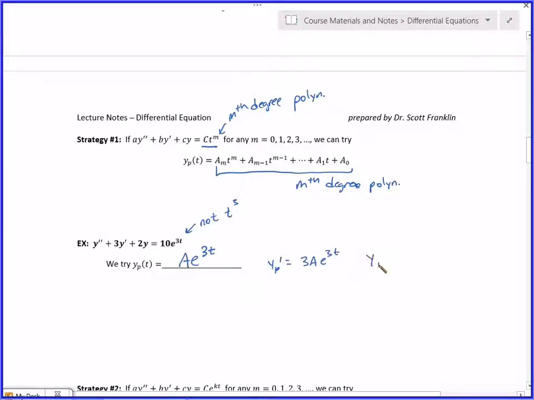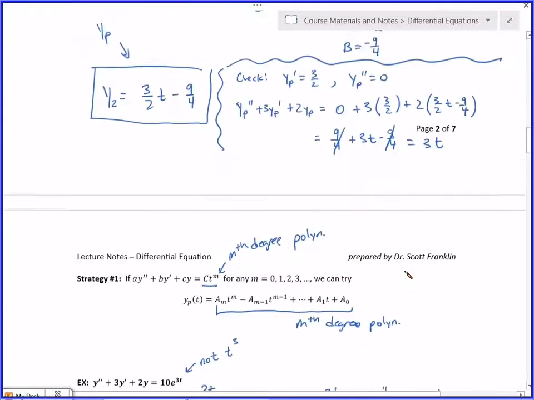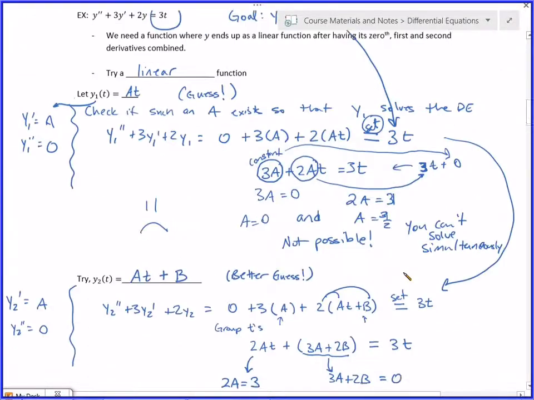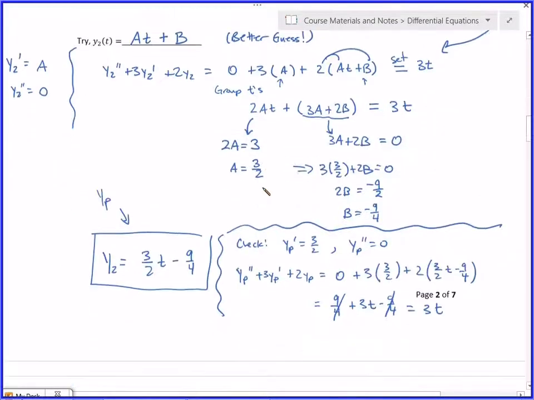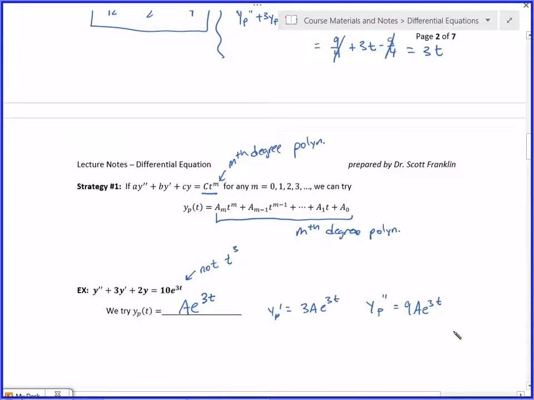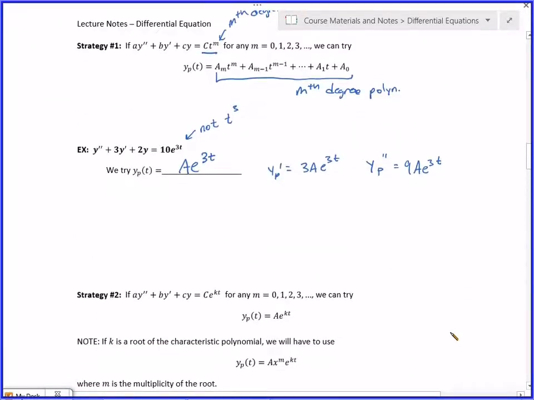And then yp double prime, 9a e to the 3t. Notice when I add up a combination of these three things, there's no constant term like there was up here. So I understand your concern, but up there I ended up with just a 3a by itself, stranded, that I had to set equal to 0. I won't end up with a stranded constant down here. So I don't think I need this plus c.